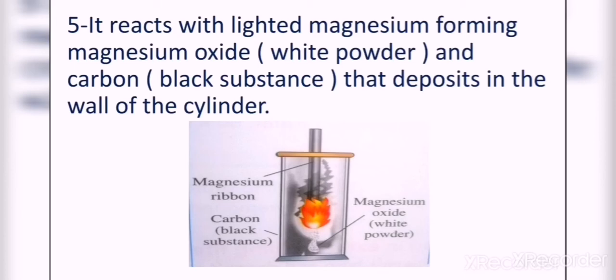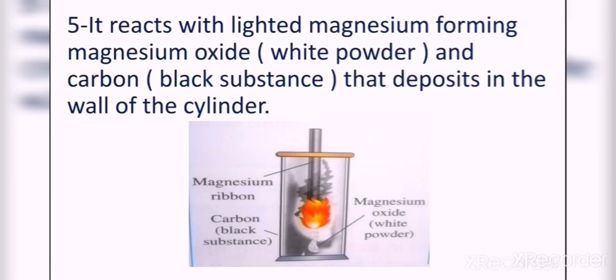The white powder is magnesium oxide, but the black powder is carbon. So it reacts with the lighted magnesium to form a white powder, which is the magnesium oxide, and the black substance, which is carbon.